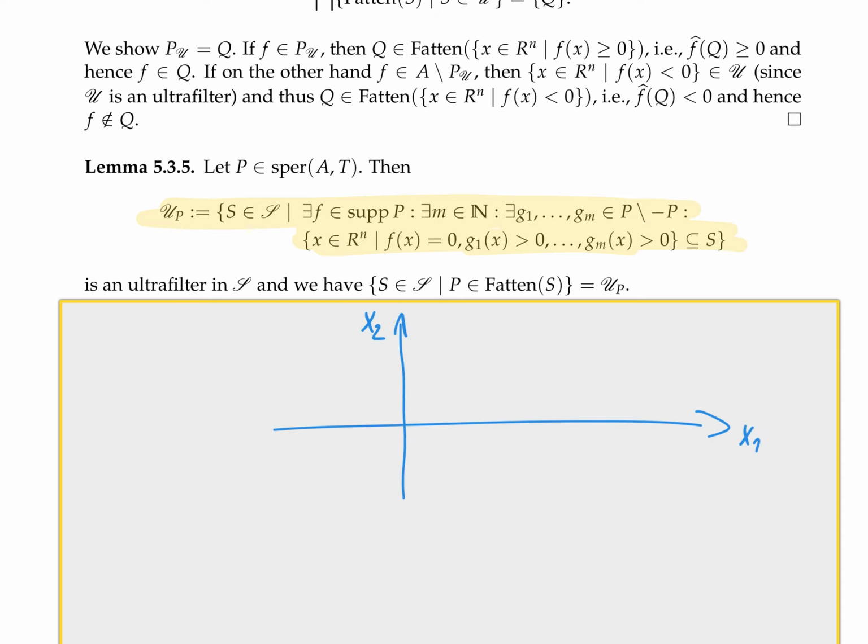And so you have some point P, and we don't really know how to represent the points P. But we knew from the previous chapter that R^2 can be seen as a subset of the real spectrum of AT, right?